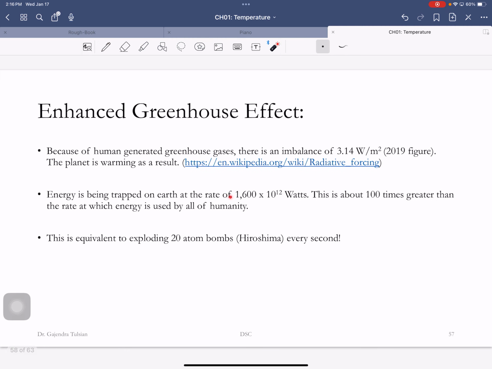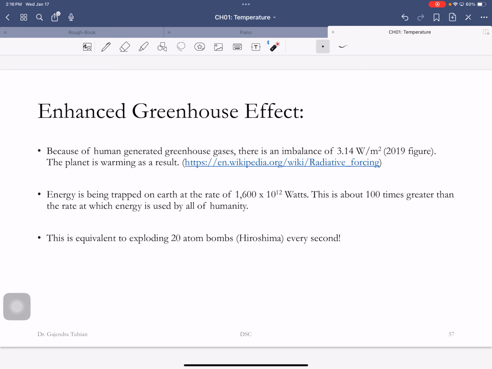So we're trapping this much heat. This is about 100 times greater than the rate at which energy is used by all humanity. This is equivalent to exploding 20 atom bombs every second, for how many days? All the time. That's how much heat you're trapping.